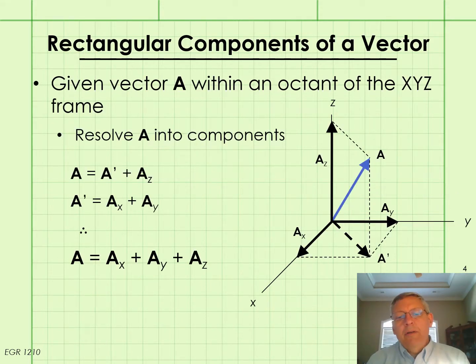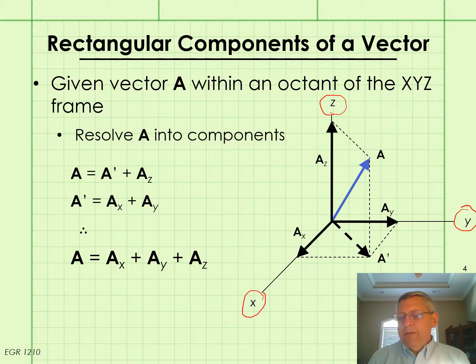The right-handed coordinate system that we're going to be using throughout the course will be one where the vertical axis is going to be our z-axis. The horizontal axis is our y-axis. And the third axis is going to be our x-axis.